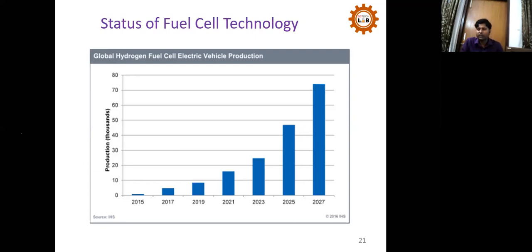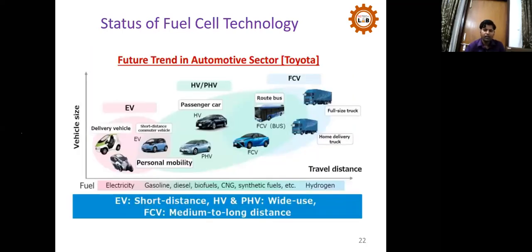Now in our country, only a few vehicles are available, but in a few foreign countries, many cars and buses are in the market, running with the fuel cell, and in future it will be coming in India as well. But again, it depends on which kind of fuel will be used for different applications.